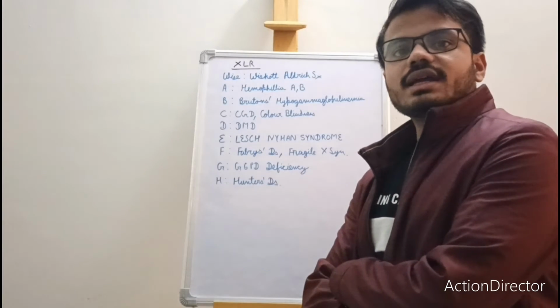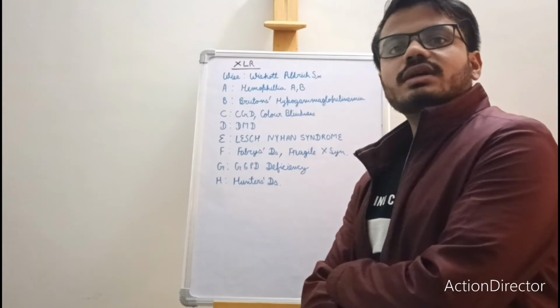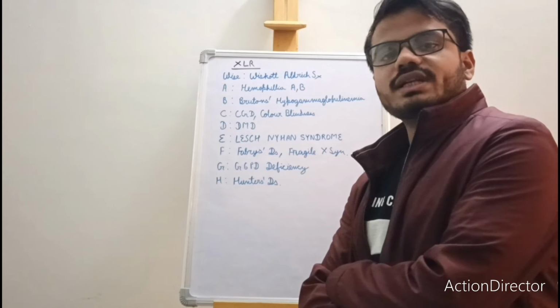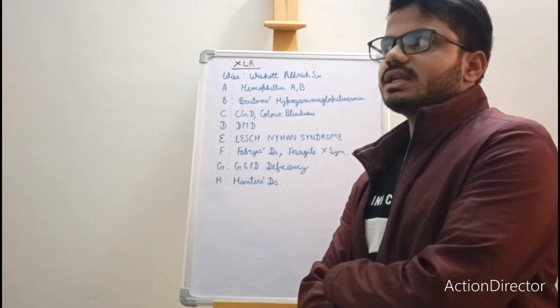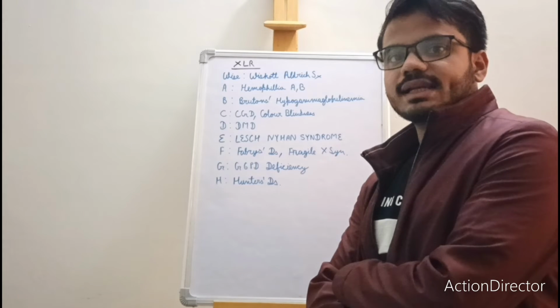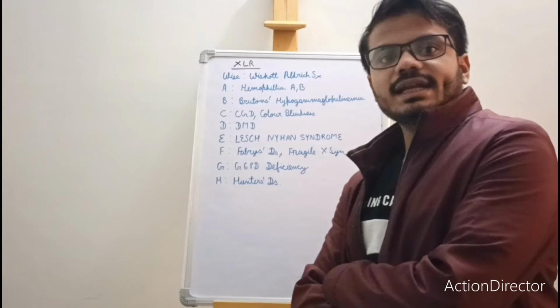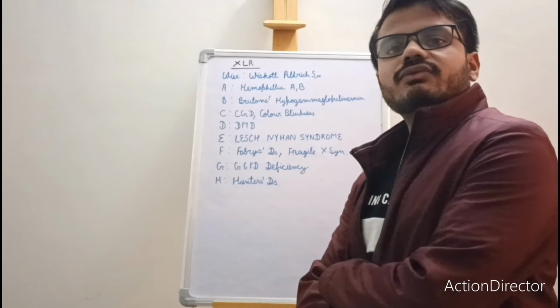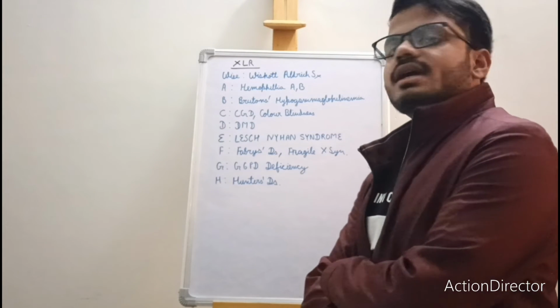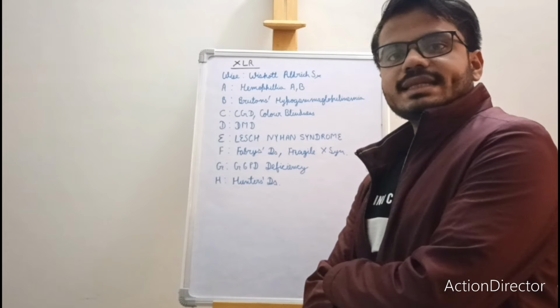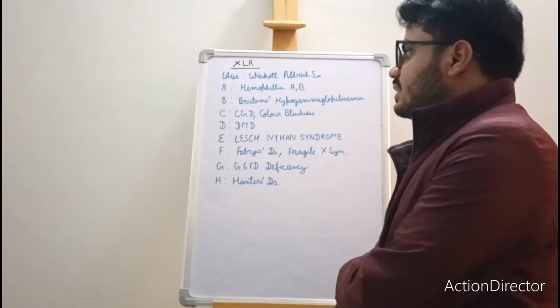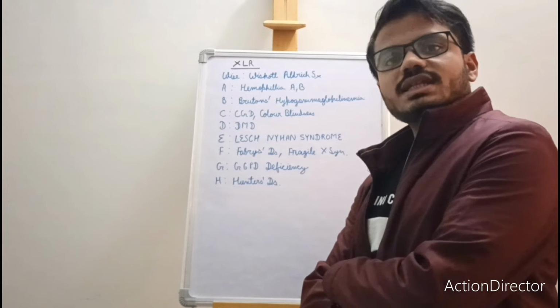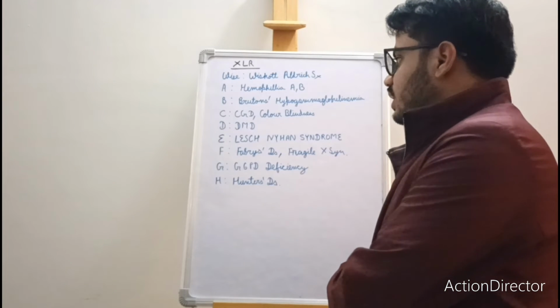It's a very important disease, for which the mnemonic is BBBB. It's more common in boys and it's due to a defect in the BTK gene, right? C stands for two diseases, chronic granulomatous disease and color blindness. D stands for Duchenne muscular dystrophy.